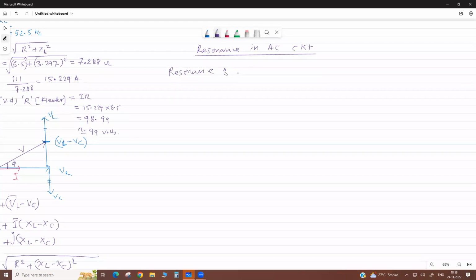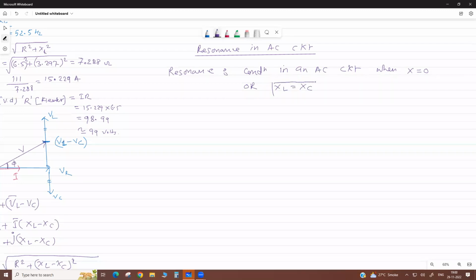Resonance is nothing but a condition in an AC circuit, in any circuit, when the net reactance of the circuit becomes 0, X equals 0, meaning inductive reactance equals capacitive reactance.